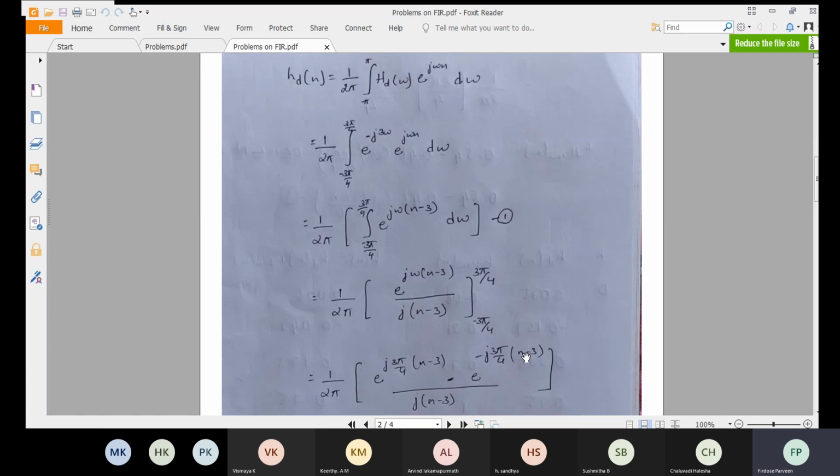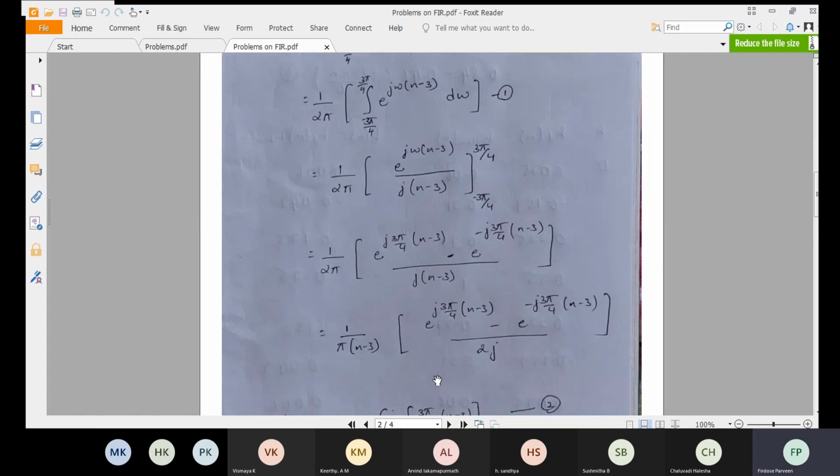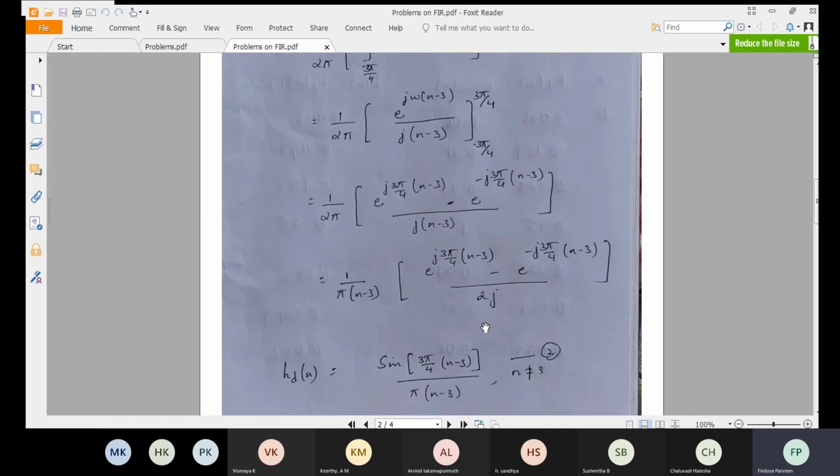So what is the formula? e to the power of j theta minus e to the power of minus j theta divided by 2j is sin theta. Yes or no? So we will rearrange this. I'll take pi into n minus 3 outside, 2j I will send inside. So what will we get? e to the power of j theta minus e to the power of minus j theta divided by 2j.